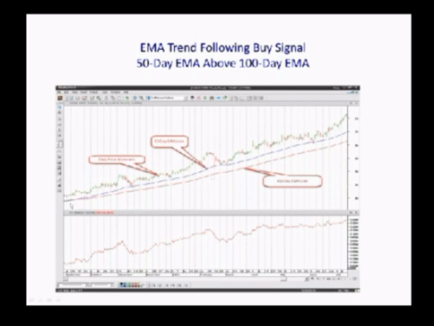So we can see right back here, the blue line actually crossed above the red line. So at that point, Cigna stock was on a buy signal, and as long as the blue line stays above the red line, which is the 100-day, then that stock remains on a buy signal.